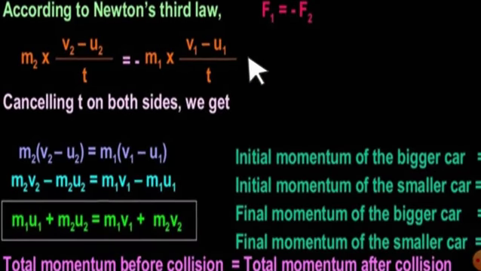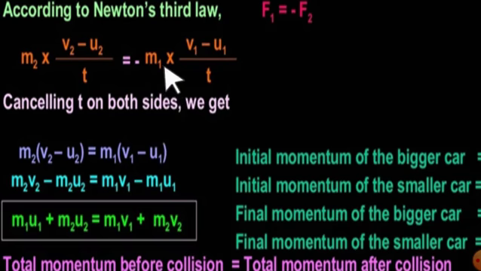As per Newton's third law, if you replace the expressions of F1 and F2 in this, then you will get it like this. After simplification, the t will be cancelled, and if you open this and multiply m2 onto both sides, m2 v2 minus m2 u2 will come here. Similarly on this side also minus m1 v1.